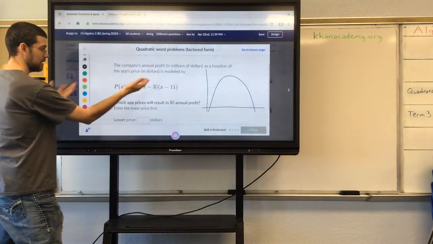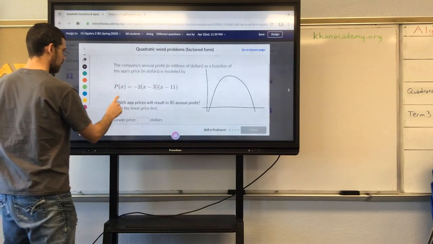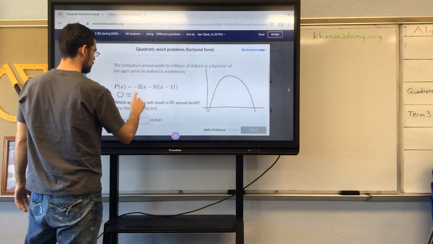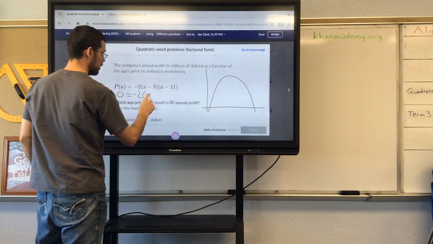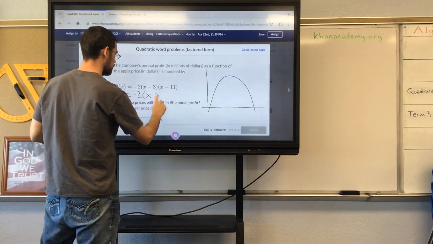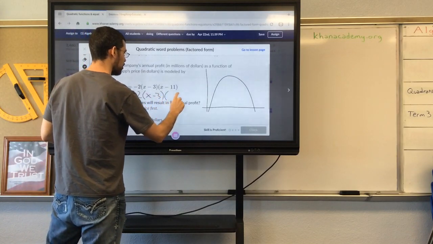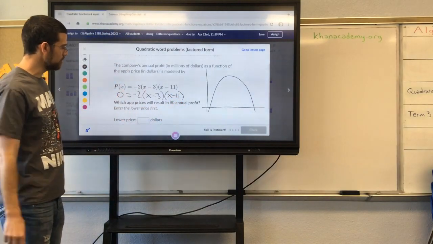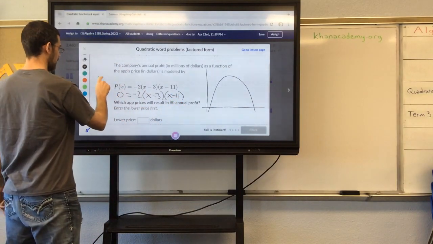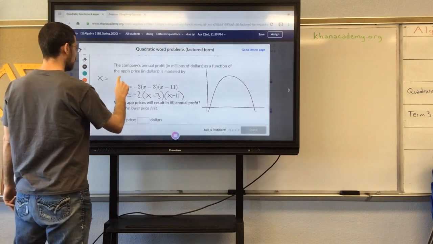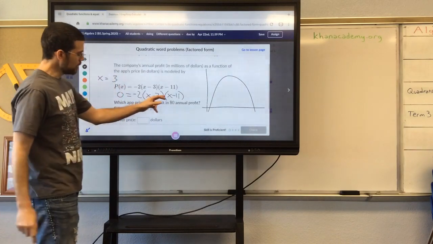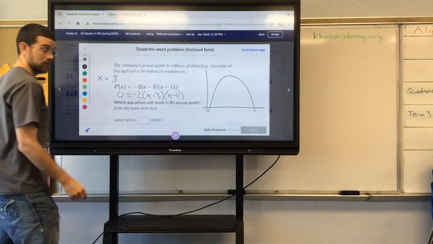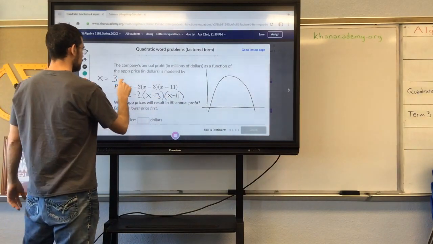So what makes this function equal zero? Well, if any of the factors equal zero, then the function will equal zero. So we need to know where x minus 3 equals 0. That's at x equals 3. And we need to know where x minus 11 equals 0. That's at x equals 11.